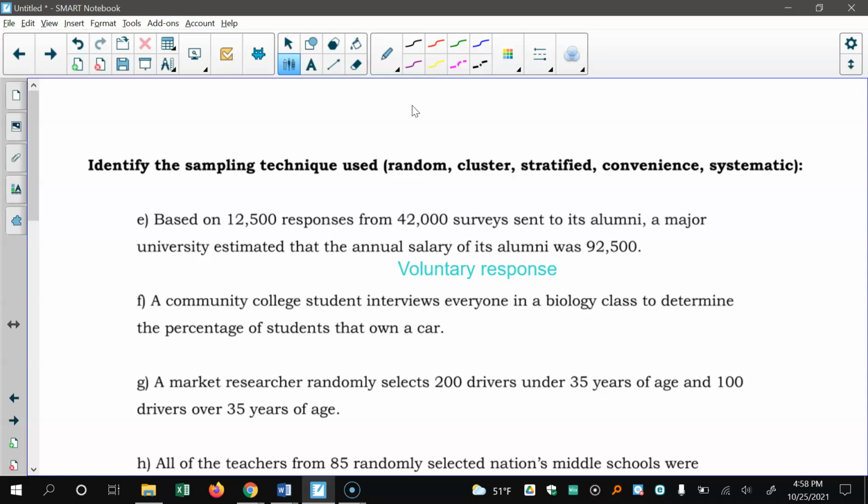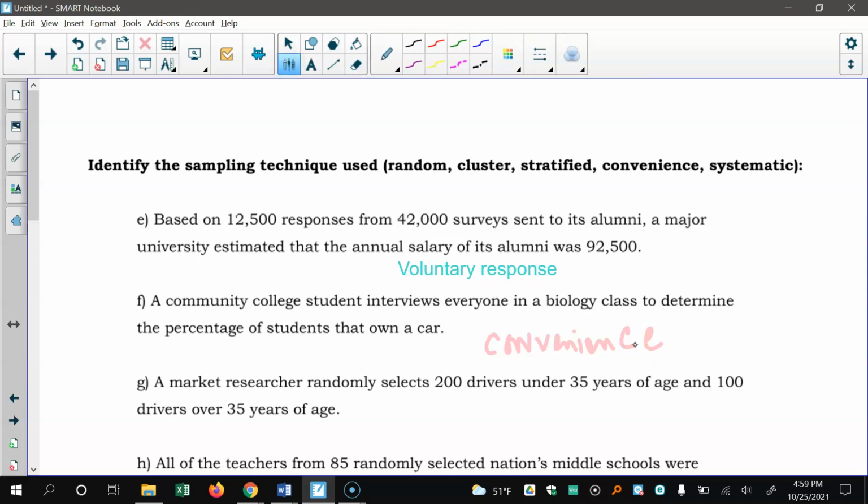They didn't do that. They just interviewed everyone in biology class. I'm going to go with convenience sampling here because it was very convenient for that community college student to interview.